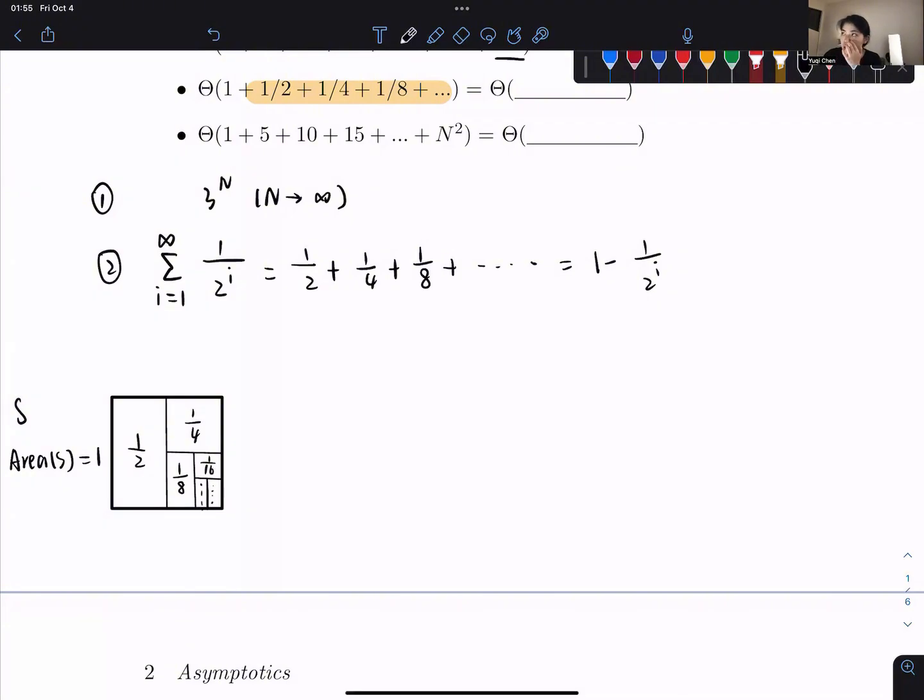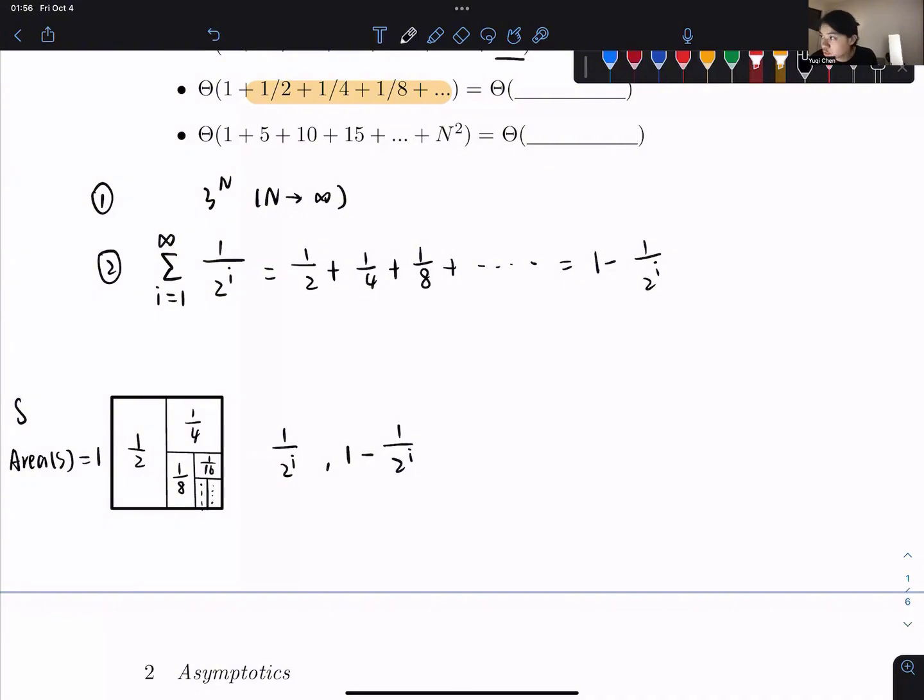Finally, there will be only a little square whose area is 1 over 2 to the power of i left, and if we add up all the other squares, the overall area will be 1 minus 1 over 2 to the power of i.